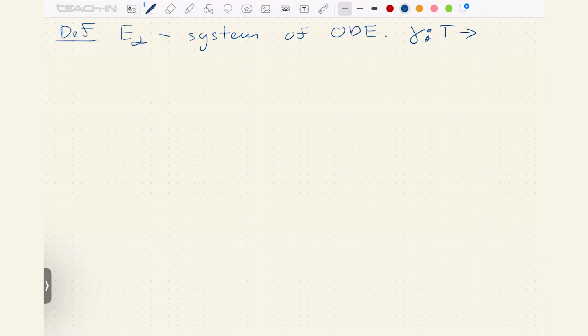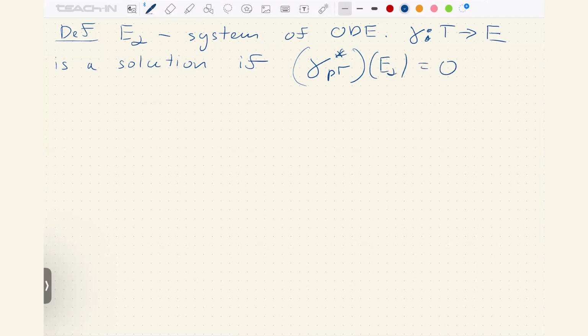So gamma from T to E, a section, is a solution if its prolongation applied to E alpha is 0. So that's what it means. Equations are satisfied, right?